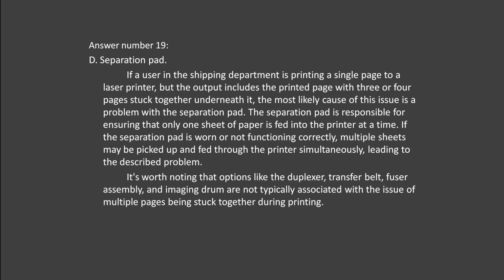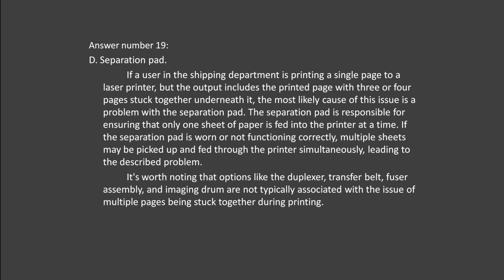If a user in the shipping department is printing a single page to a laser printer, but the output includes the printed page with 3 or 4 pages stuck together underneath it, the most likely cause of this issue is a problem with the separation pad. The separation pad is responsible for ensuring that only one sheet of paper is fed into the printer at a time.